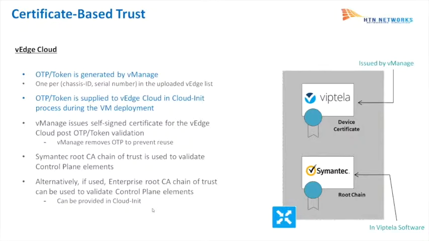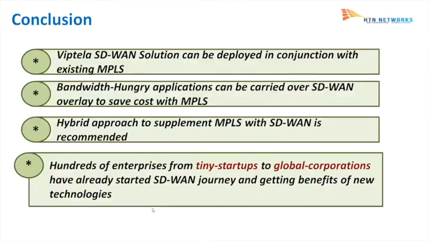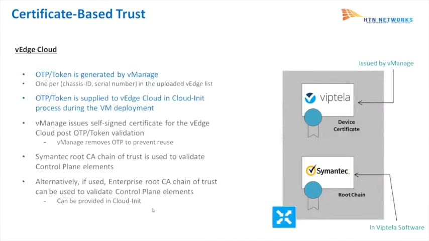Alternatively, same way as you can do in the hardware vEdge, you can also do the self-signing of these certificates through your own enterprise root certificate. So in conclusion, is there any difference in these two security mechanisms for the vEdge cloud and the actual physical vEdge?